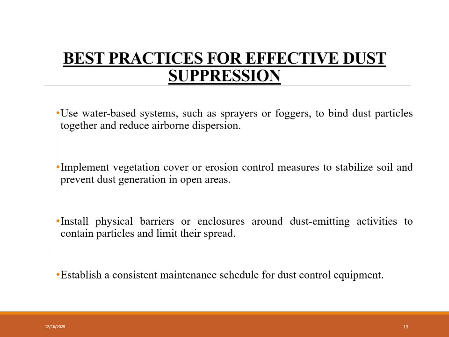Now we are discussing best practices for effective dust suppression. First, use water-based systems such as sprayers or foggers to bind dust particles together and reduce airborne dispersion. Second, implement vegetation cover or erosion control measures to stabilize soil and prevent dust generation in open areas.